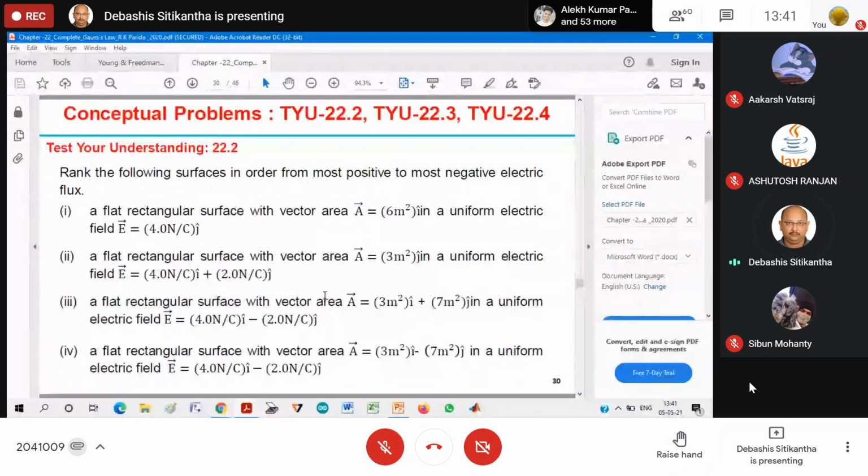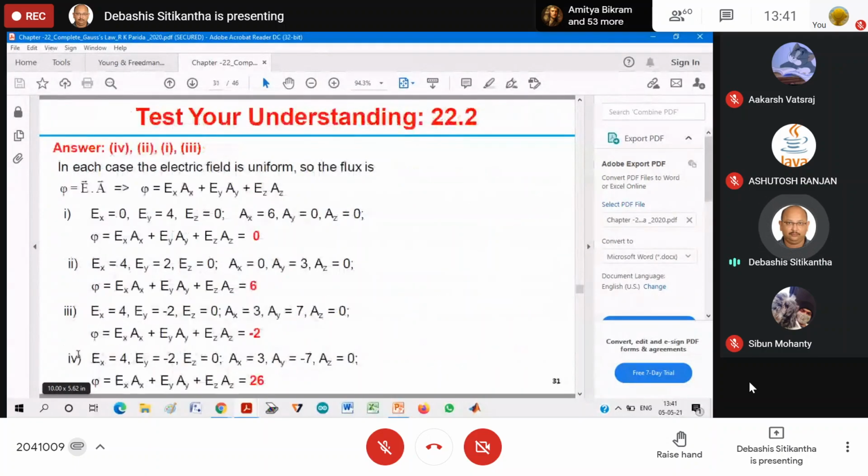Okay, so Ashutosh, you are absolutely correct. The order is 4213.